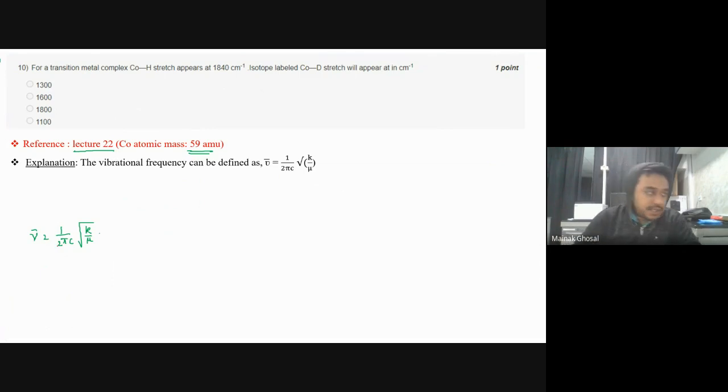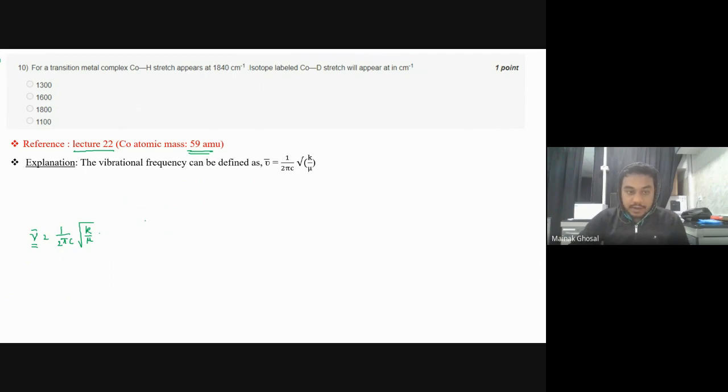This is the relation between vibrational frequency, vibrational wave number, and this k and mu. Okay. So why am I using this relation? Because you can see all this stretching appears in centimeter inverse, that is the wave number unit. So that's why I am using this nu bar.